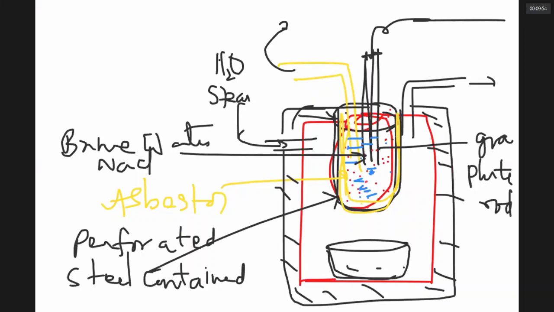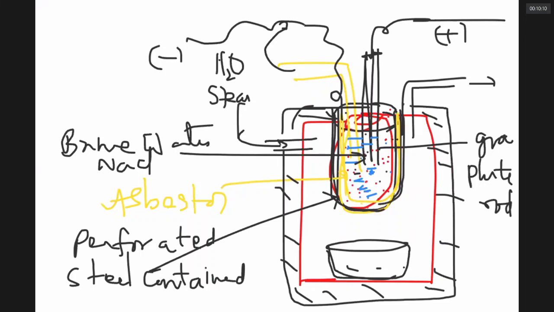Notice that when you have taken salt water here and you give power supply, the container, which has fine holes, acts as cathode, and the carbon rod, the graphite rod, acts as anode. Cathode means negative terminal; anode is the positive terminal.